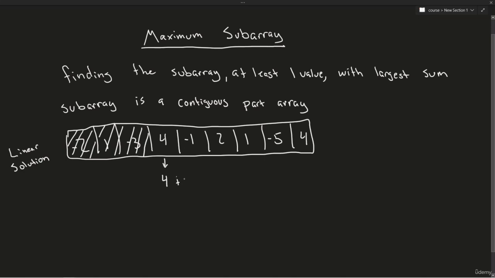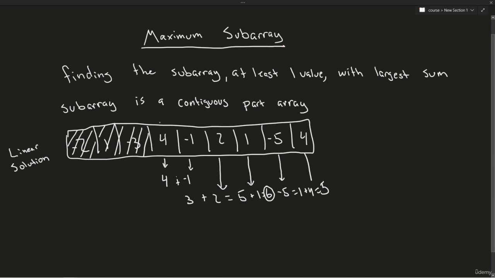Okay, so we start out at 4 now, and we add plus -1. So now we're at 3. So we bring down this 2. So now we add 2, and now we're at 5. Bring down the 1. Now we're at 6. And if we bring down this -5, now we're at 1 plus 4 is equal to 5. So even if we did this entire subarray, we see that our greatest value here is 6.